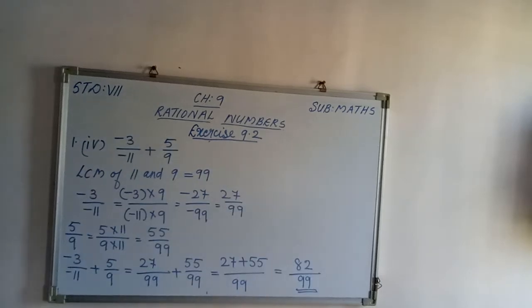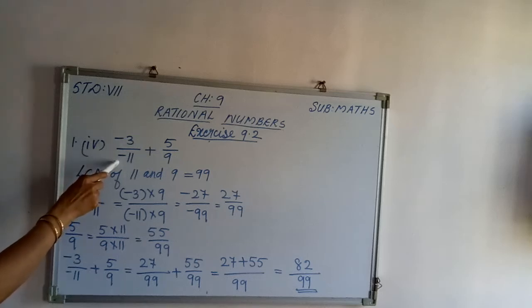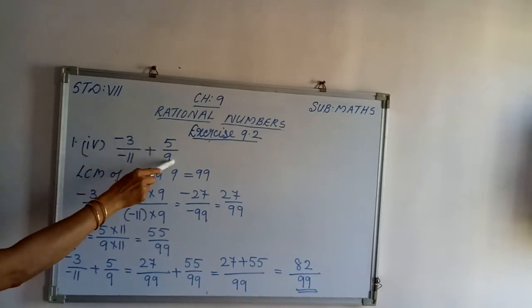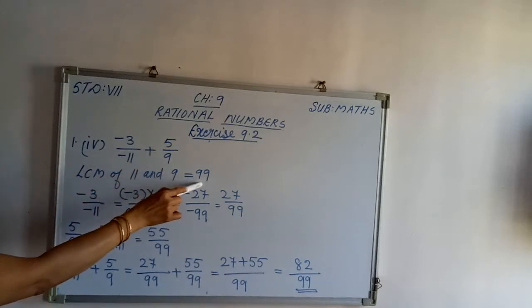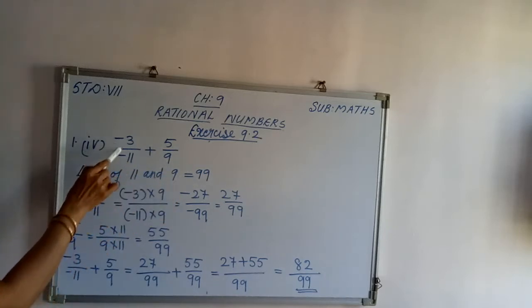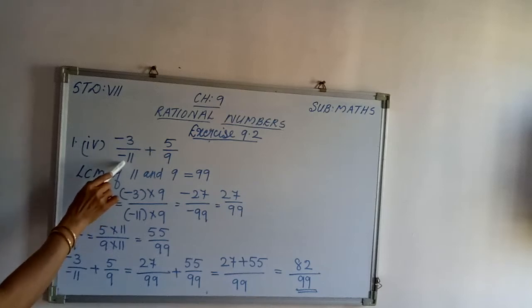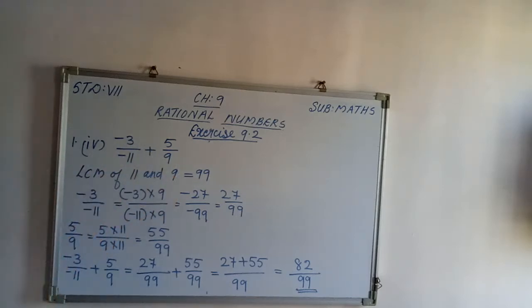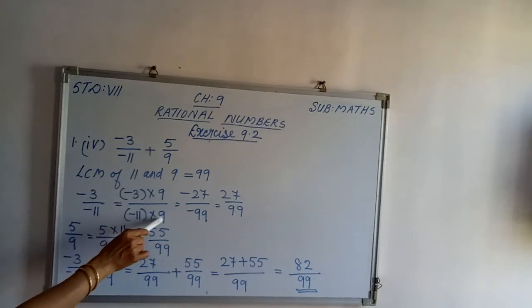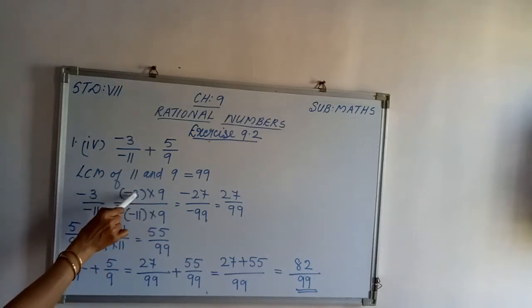Fourth one. Minus 3 upon minus 11 plus 5 upon 9. So LCM of 11 and 9 is 99. So minus 3 upon minus 11. Minus 11, the denominator, is to be changed to 99. So you have to multiply by 9. So minus 11 into 9, numerator minus 3 into 9.